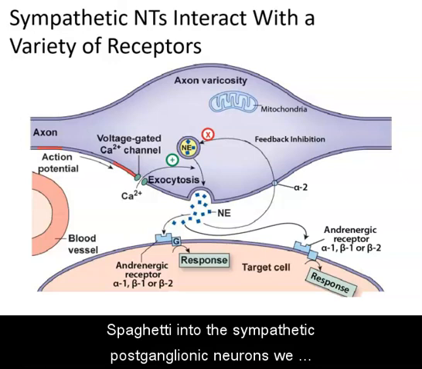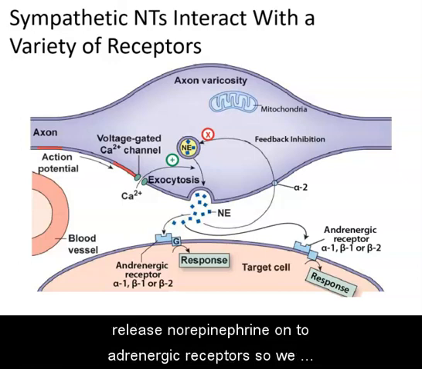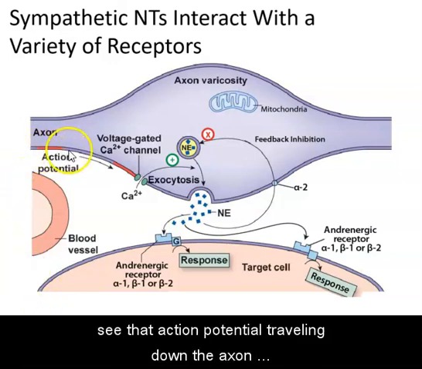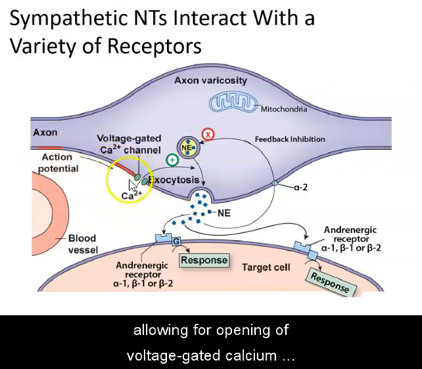So getting into the sympathetic postganglionic neurons, we know that sympathetic postganglionic neurons will release norepinephrine onto adrenergic receptors. So we see that action potential traveling down the axon, allowing for opening of voltage-gated calcium channels.